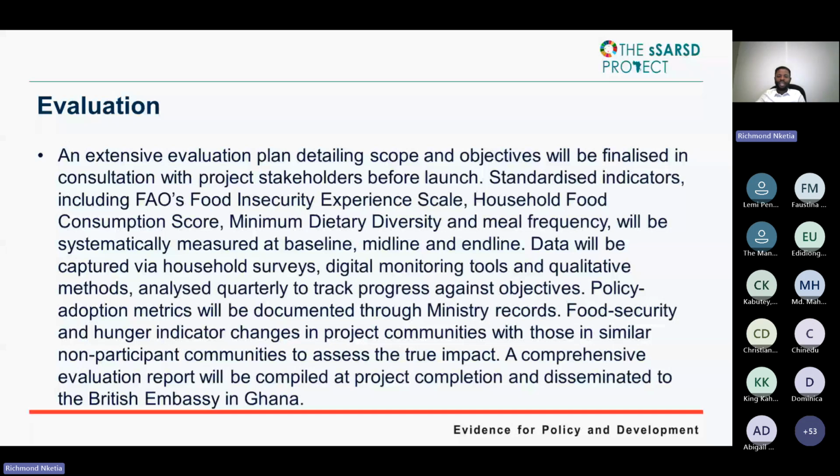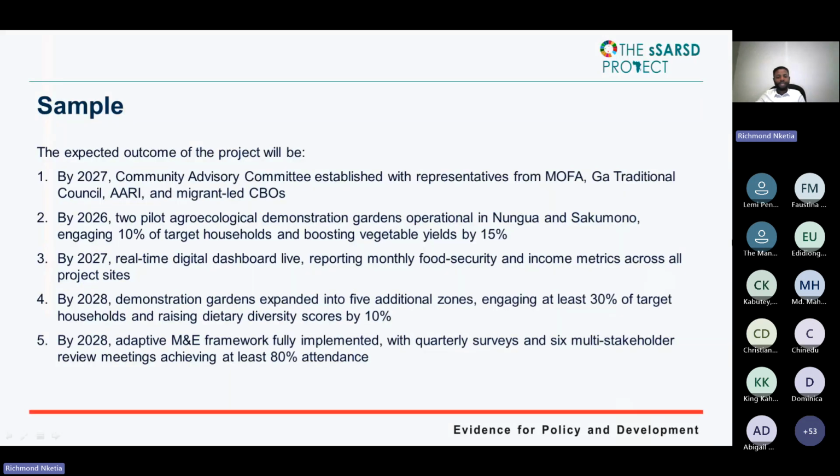So the indicators are community advisory committee, agroecological demonstration gardens, digital dashboards, what again? Yeah, so those are the indicators you'd be working on.